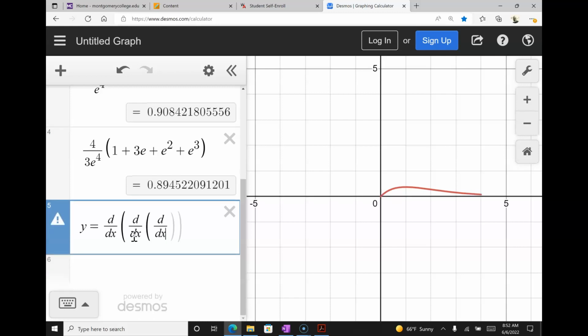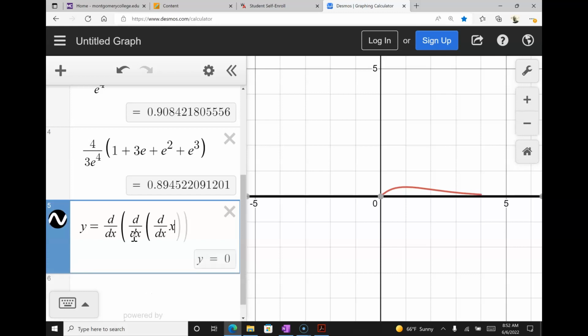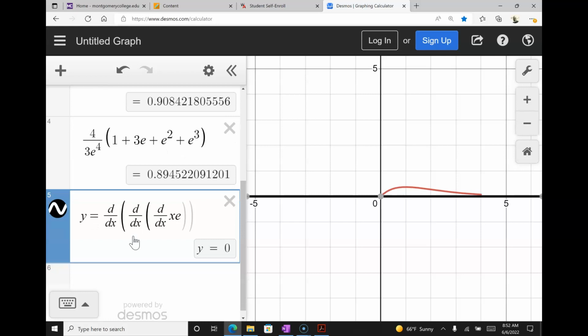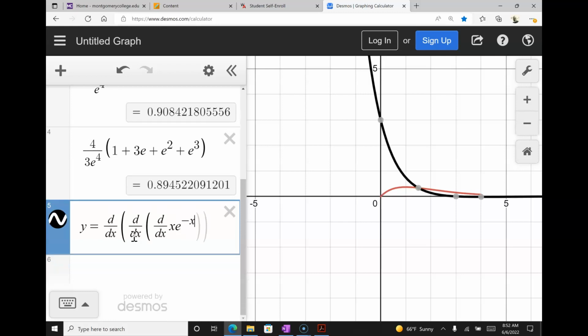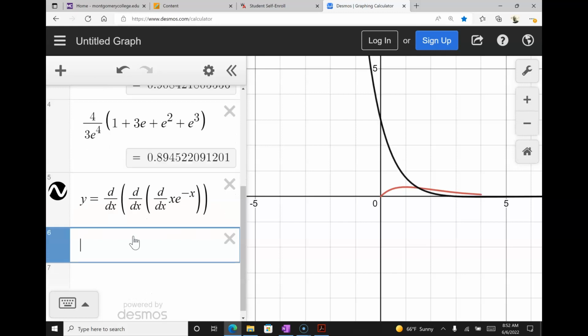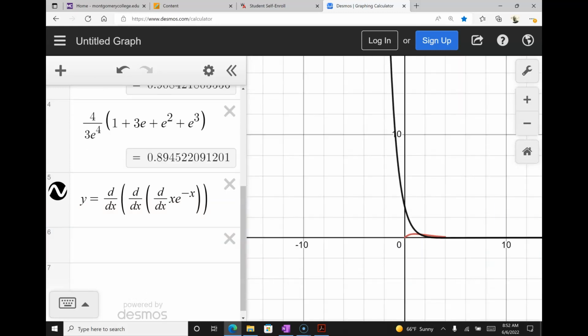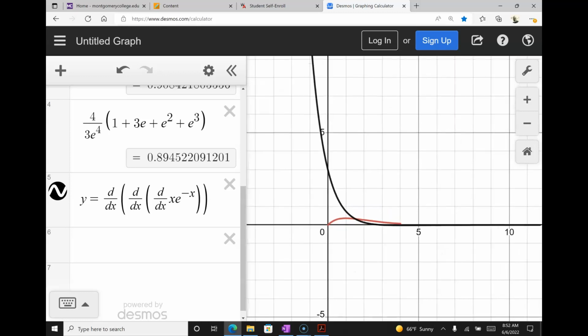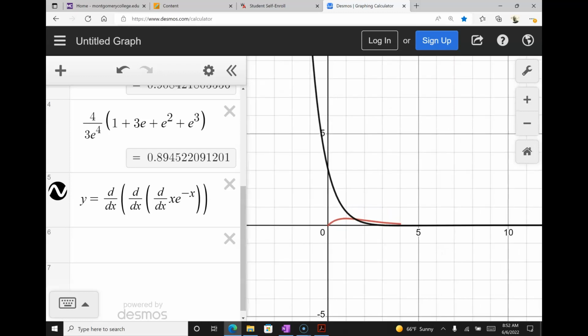I just want to see if it will let me do a fourth derivative like this. Well, let's see if it lets me do the third derivative. Yes, it does. So one more derivative out here.